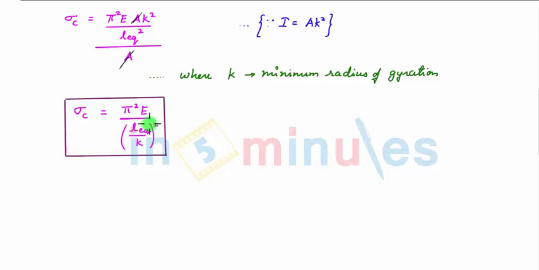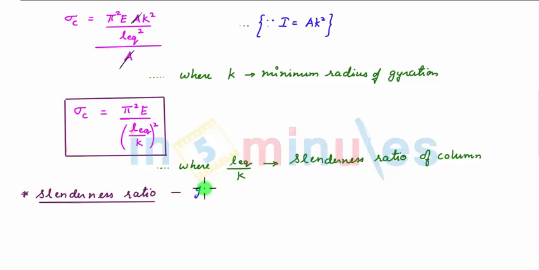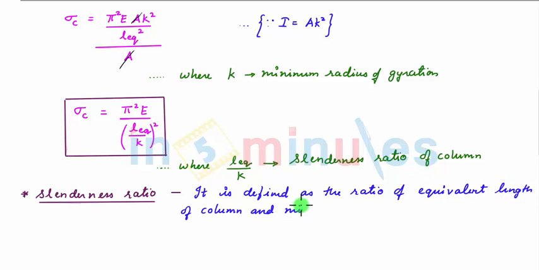In this expression, the term L equivalent by K is known as the slenderness ratio of the column, and the slenderness ratio is defined as the ratio of equivalent length of column and minimum radius of gyration.